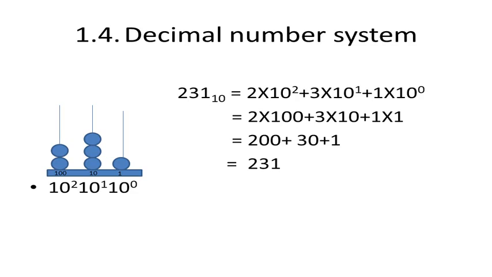And here 1 is multiplied by 10 to the power 0. 10 to the power 0 means 1. 1 multiplied by 1 is 1. Therefore, this 1 pebble in ones place represents 1. After you add all these 3 together, it is 231.